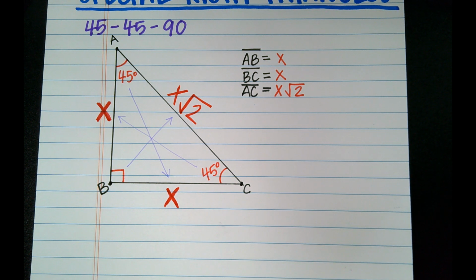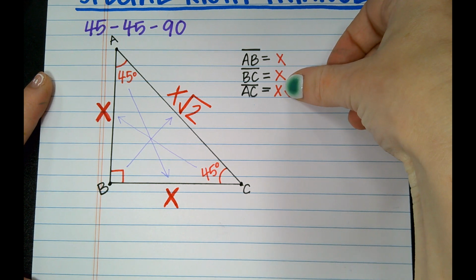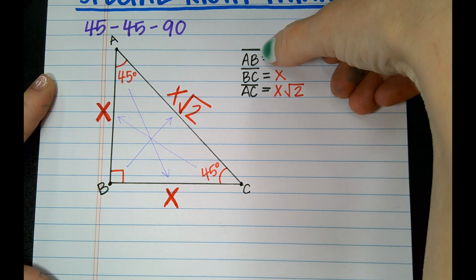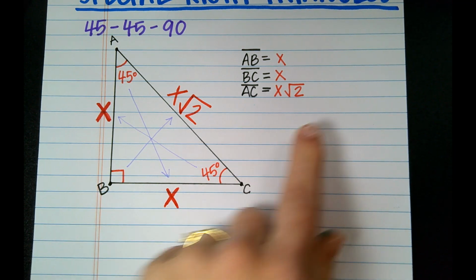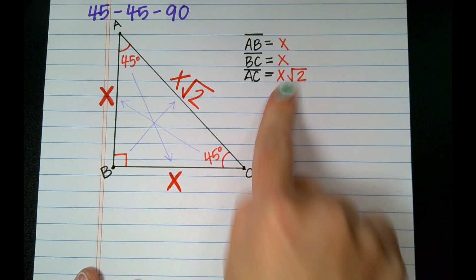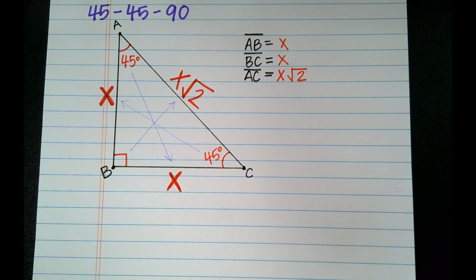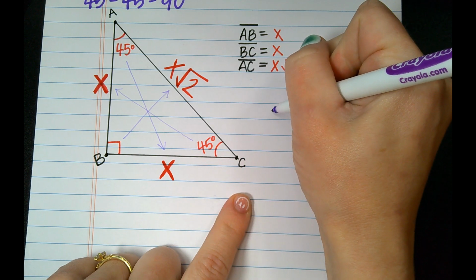Scenario number one is that you're given the value of x. Okay, that's where you're either given AB or BC. Because if we're given x, then all we have to do is solve for AC. So let's see. First step, I'm going to say always.